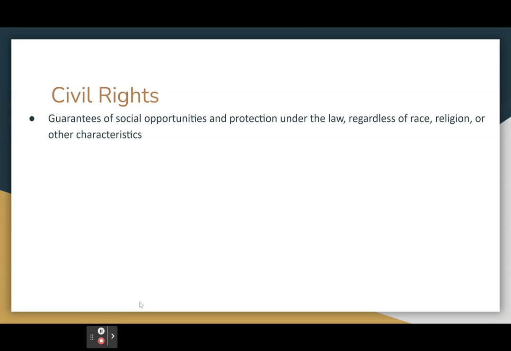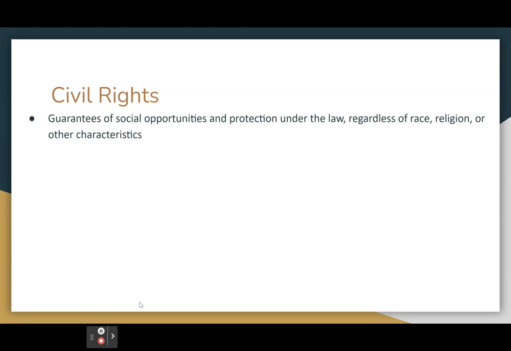And that is guaranteeing the opportunities and protections that you have under the law, regardless of your race, religion, or any other characteristics, right? And so, what I want to get into are some specific examples of how the government has gotten involved in the issue of civil rights.